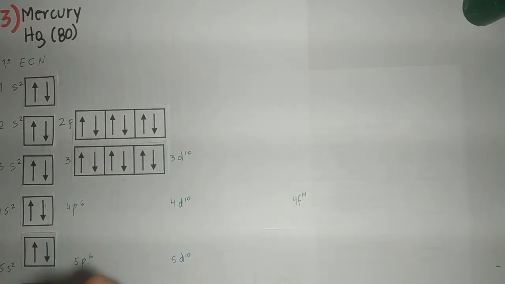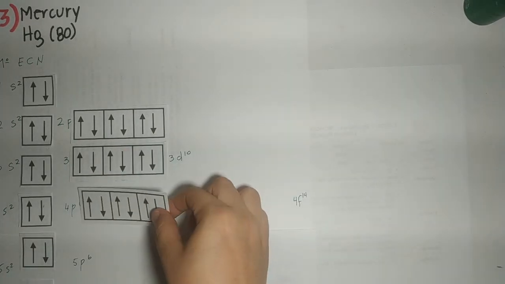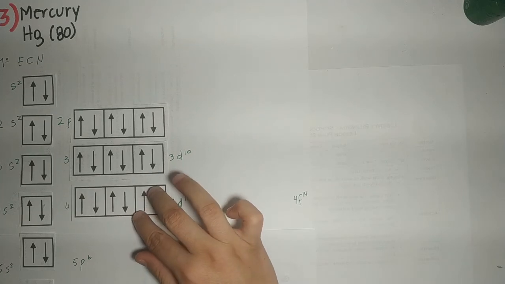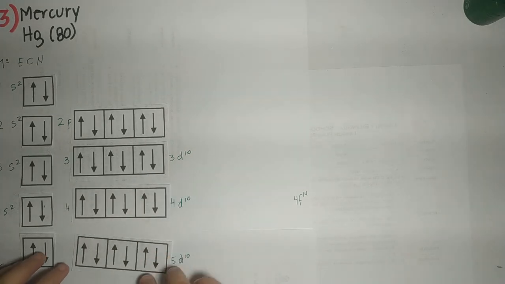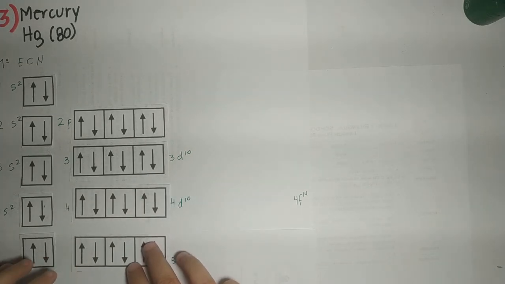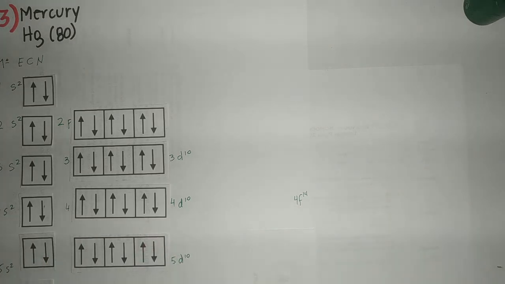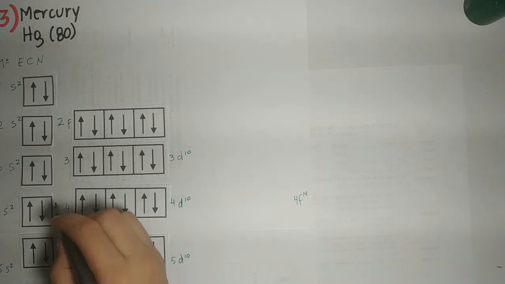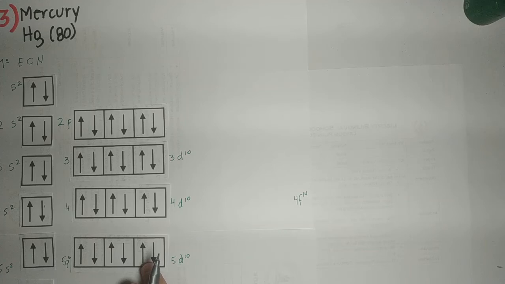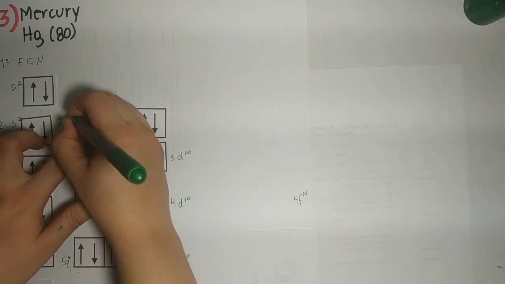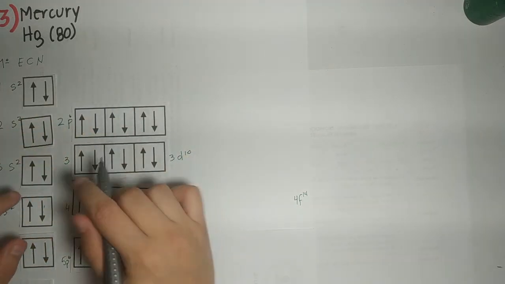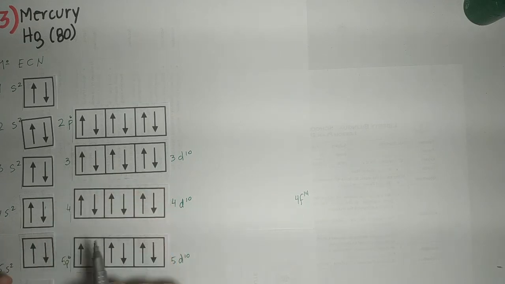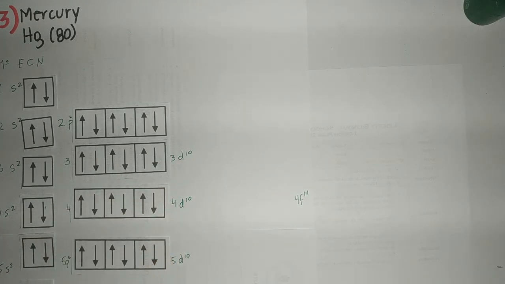Sorry, I did terrible calculations before this. Okay, there you go. 2p6, 3p6, 4p6, 5p6.